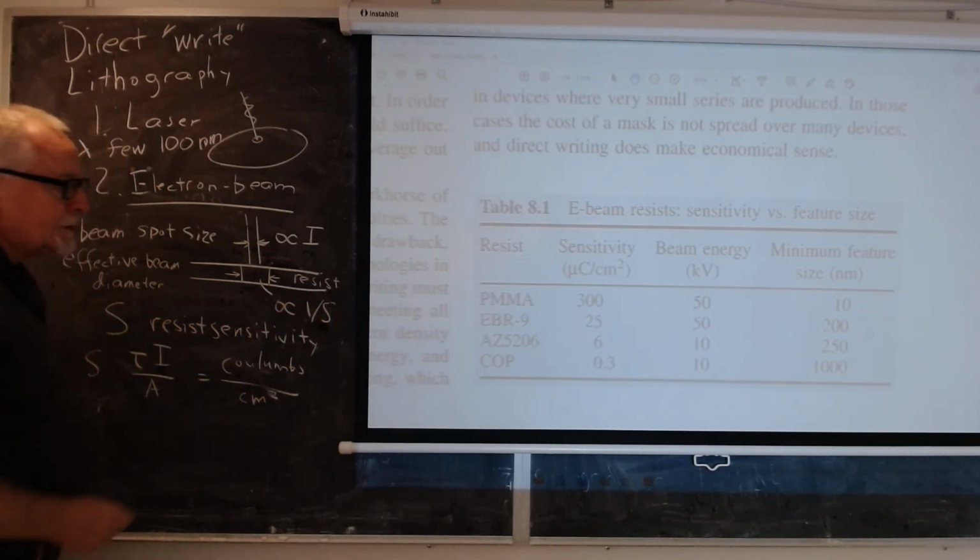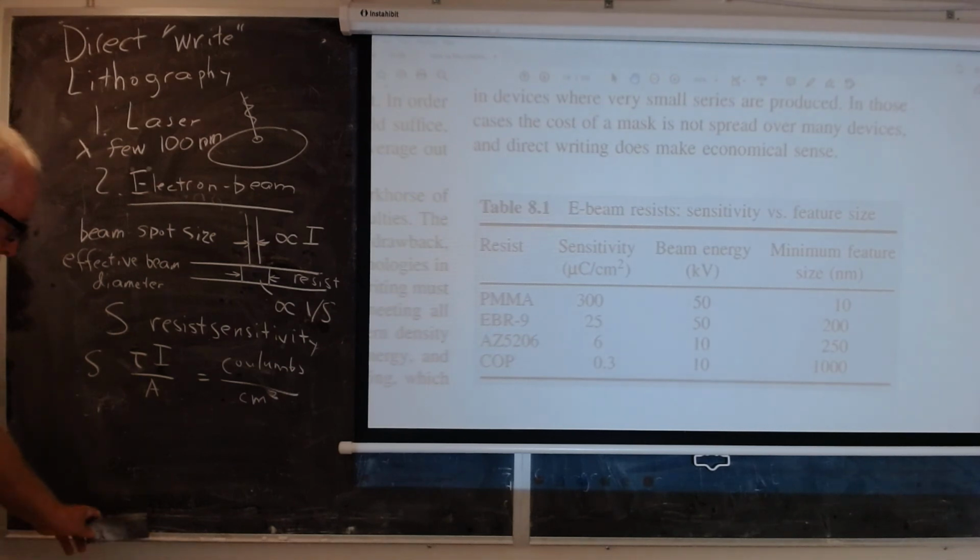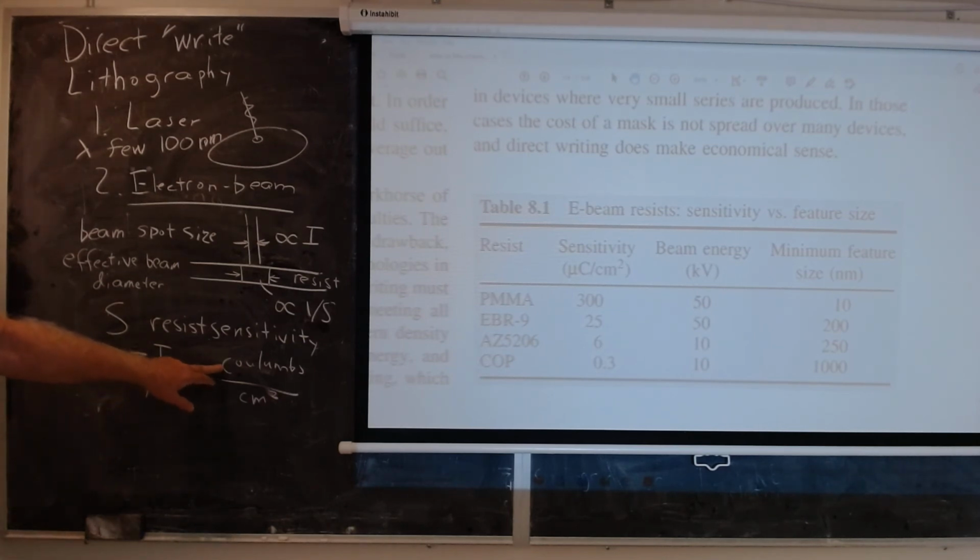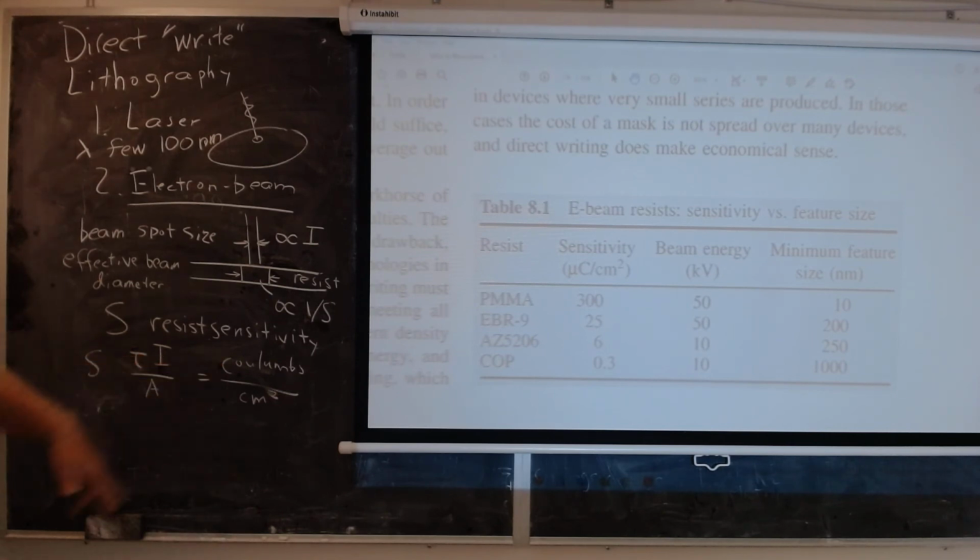Yeah. As the sensitivity goes up, all right, let's back this. Sensitivity is kind of a bad word here. You would think that the higher the sensitivity, the less charge is required. But the way sensitivity is defined is it's the amount of charge required. And so sensitivity is kind of a misnomer here.